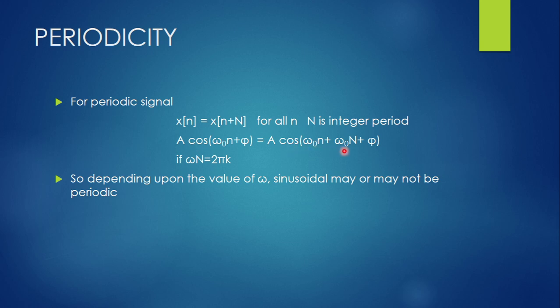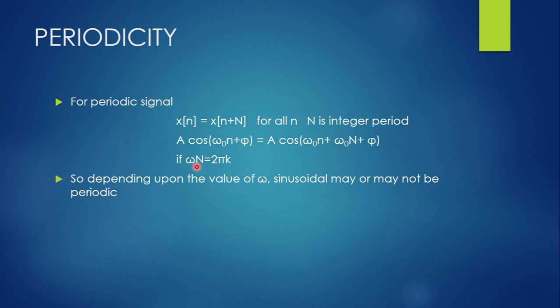This means these two will be the same if omega N is equal to 2 pi, because cos of 2 pi plus any angle is the cos of that angle. So omega N has to be equal to 2 pi k.